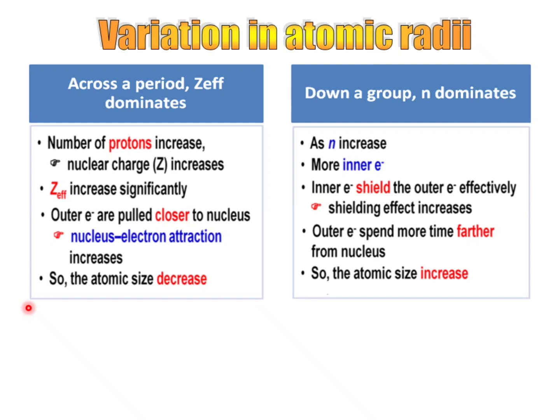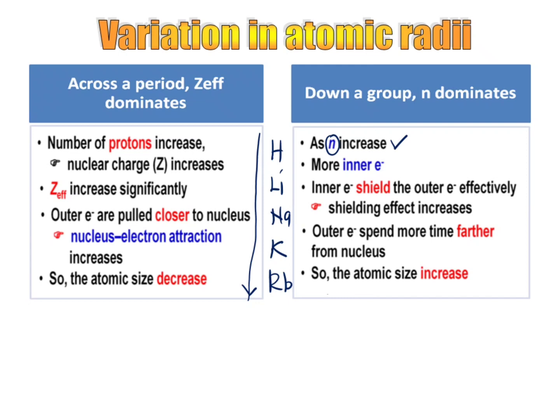Okay, kita akan lihat sebab kita tahu kalau menuruni kumpulan, contohnya kita ambil group 1. Okay, group 1 dia starting dengan hydrogen, lepas tu lithium, sodium, okay, and then kita ada potassium, kita ada rubidium. Ini contohlah. So semakin ke bawah ni, dia punya n will increase. N maksudnya dia punya number of shell.